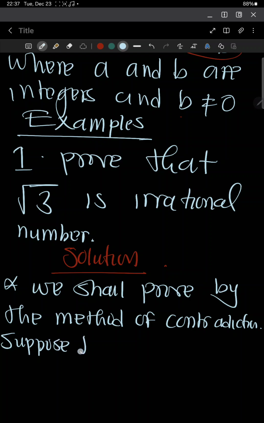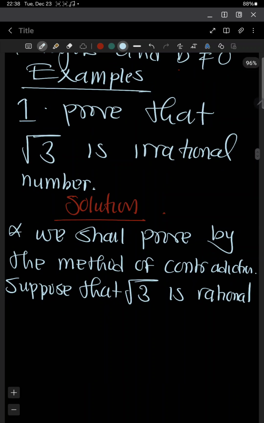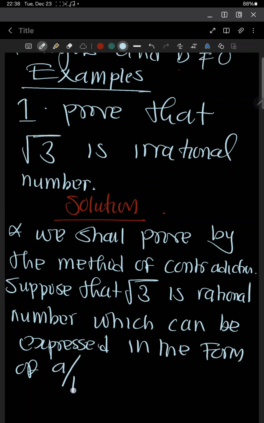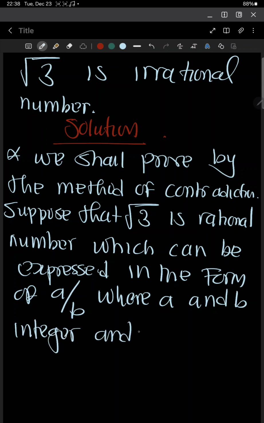Suppose that square root of 3 is a rational number, which can be expressed in the form of A over B, where A and B are integers and B is not equal to 0 with no common factor.